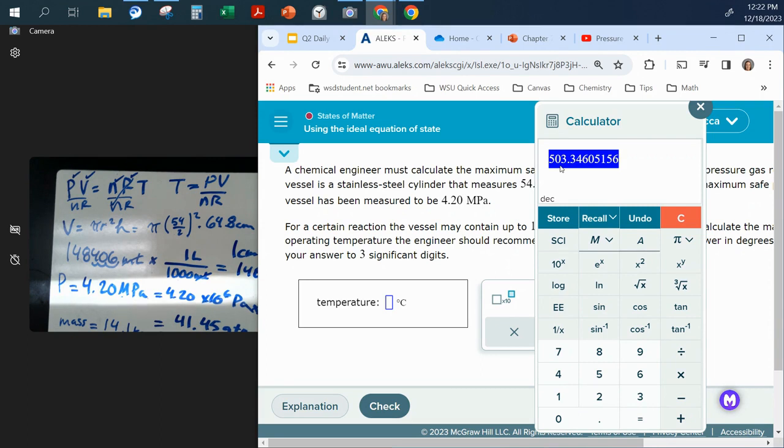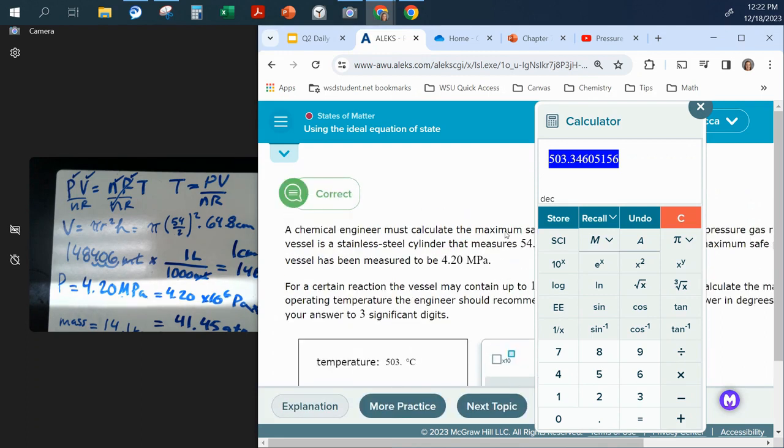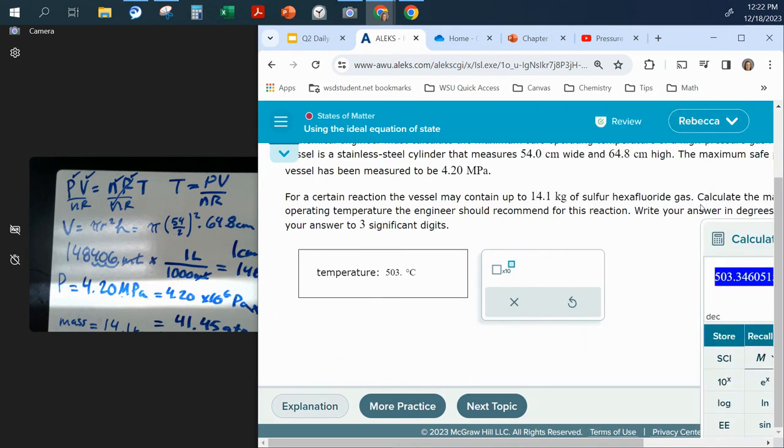I think. Yes, I think I went the right way. 503. Okay, and it might be wrong because we did so many steps. If we miss one thing, then the whole thing gets wrong. Okay, great. So now we are out of time. If you have questions, this one is the most annoying in all of ALEX. So let me know if you need help with this one.